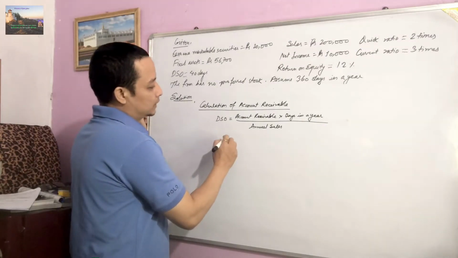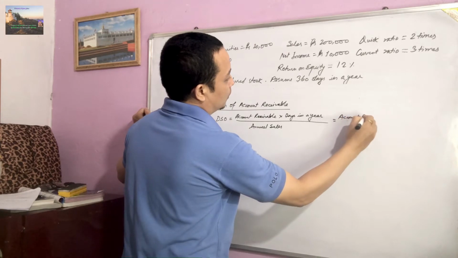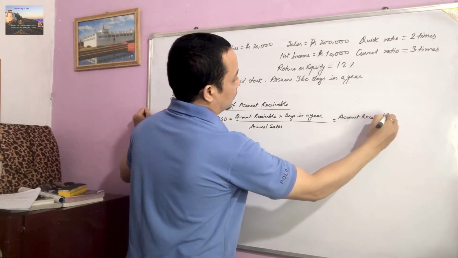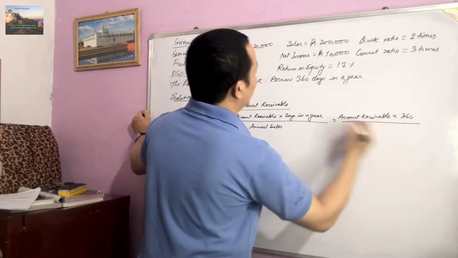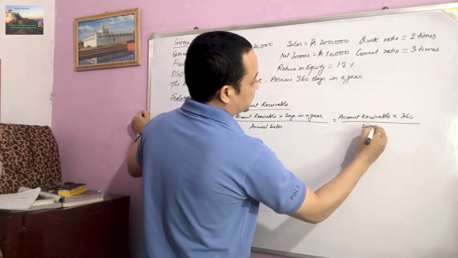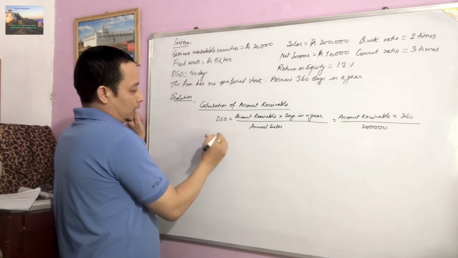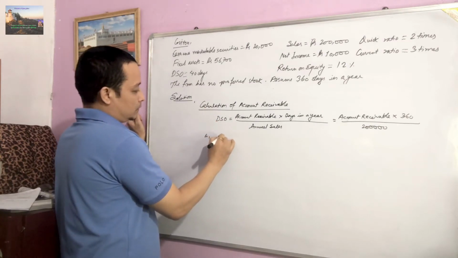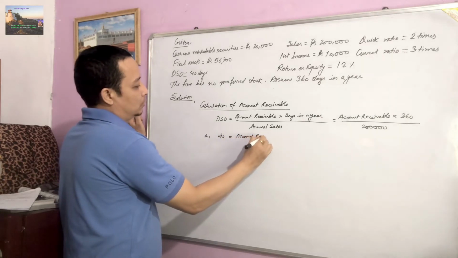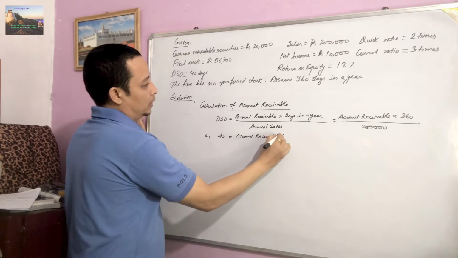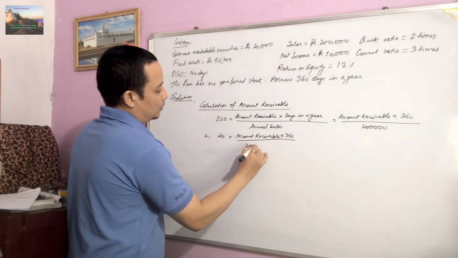Now put the values here. Account receivable into days in a year 360 days upon sales 2 lakh. You know the value of days sales outstanding, that is 40. So you can place the value here: 40 equal to account receivable into 360 days divided by 2 lakh.